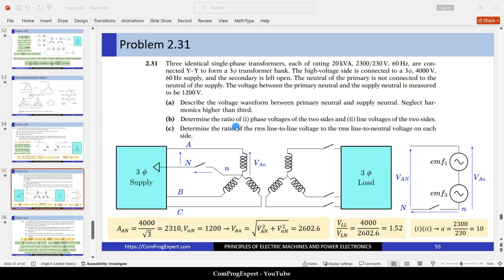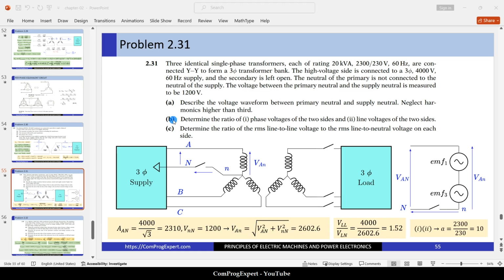Okay, so now let's solve part B. Just before solving this part, I modified the direction of this vector here and this vector. This is the correct one, and we used this Parseval equation to calculate this voltage.